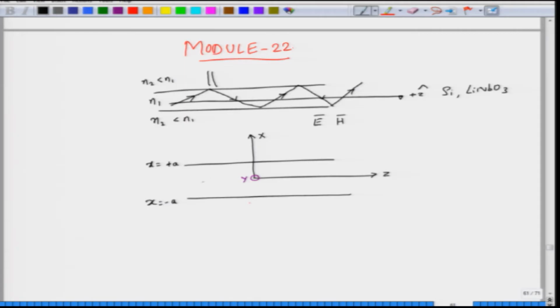Now, immediately we will have to deal with two things. It is clear that even if you go to the ray picture, what we are dealing with is an obliquely incident wave. So, if we are dealing with oblique incidence, we have choices for transverse electric polarization or transverse magnetic polarization, meaning that light can be polarized in any way, but you can split that polarization into transverse electric and transverse magnetic, analyze them separately and then put the results back together.